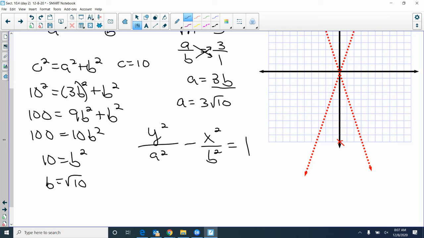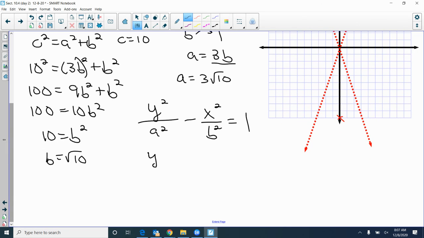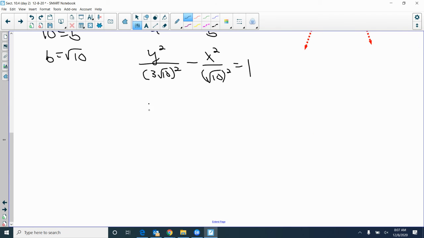All right, take a second and think it through. It's going to be 3 radical 10 squared, but I would want you to actually do that. And then minus x squared over the square root of 10 squared, which equals 1.